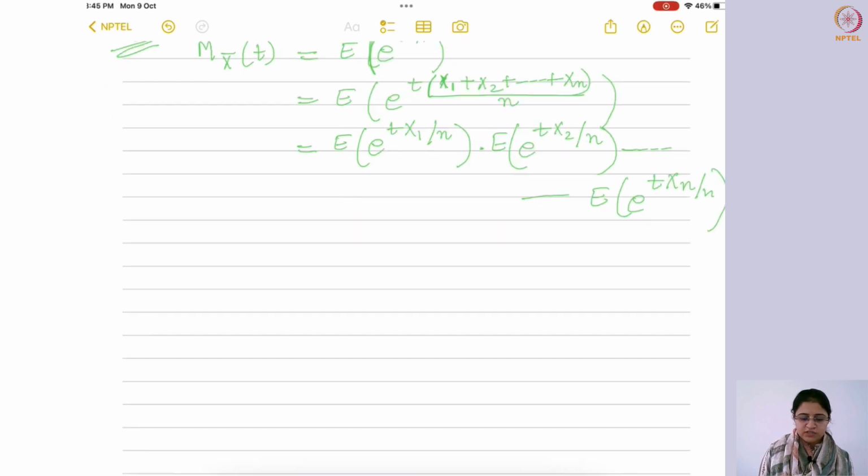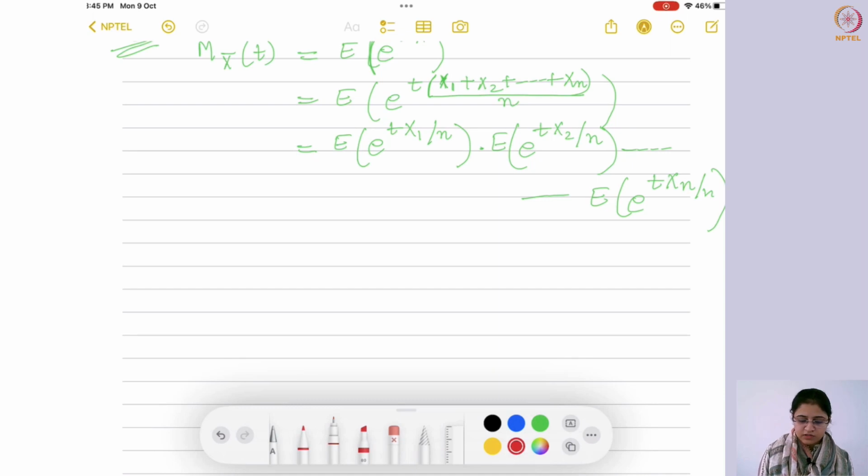Now if you look at these, what are these individual terms over here? This is basically the moment generating function of the random variable x1 at t by n, right?